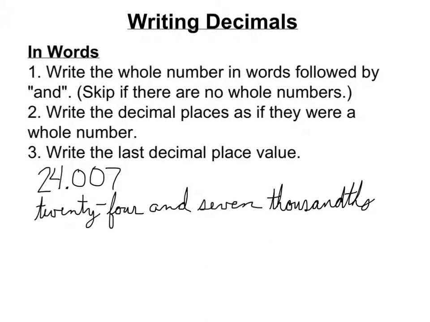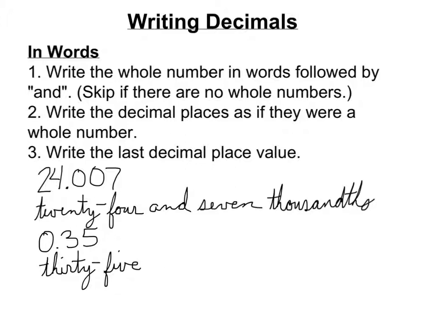Now let's try our other example, 0.35. So, since this is just a placeholder, there are no whole numbers. So we're going to skip step 1. So moving on to step 2, I'm going to pretend that my decimal places are a whole number. If they were, that would be 35. 35, and again this 2-digit number here, don't forget to hyphenate it.